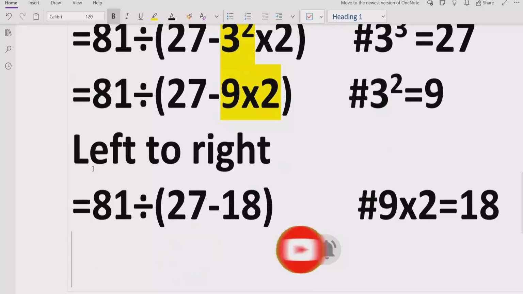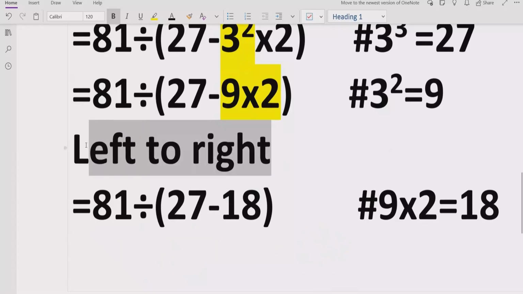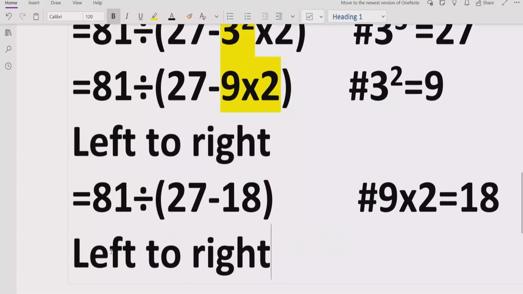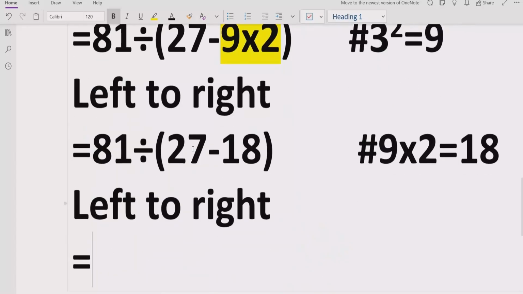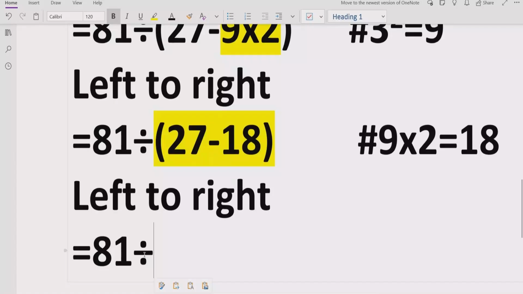Now move forward. Again, we have to go left to right in this expression and find out what we can solve. Here we have to solve this minus sign. Why? Because we have to solve the bracket first, and this is coming inside the bracket. So we have to solve this one first. Again, we write 81 divided by 27 minus 18, which becomes 9.